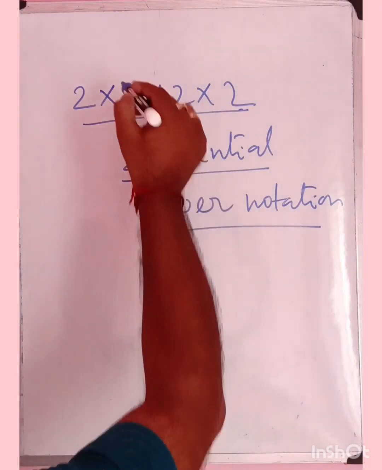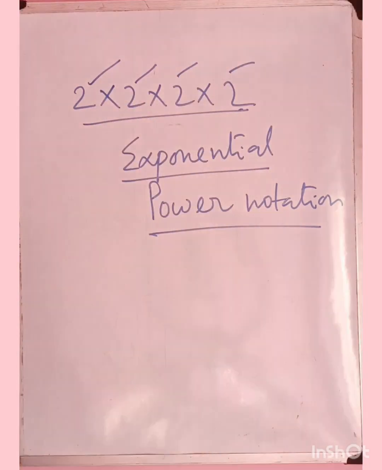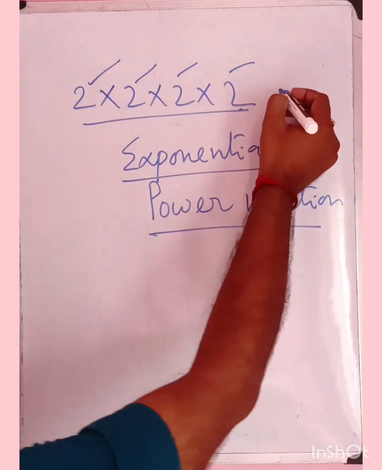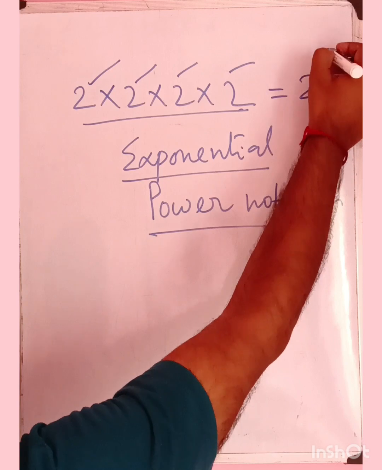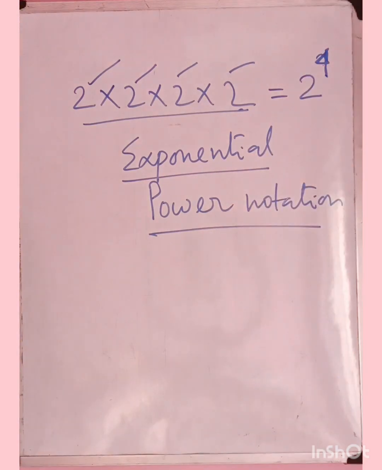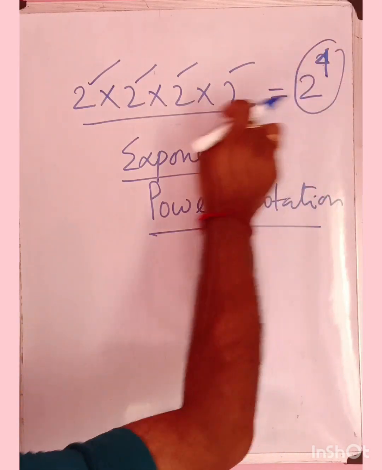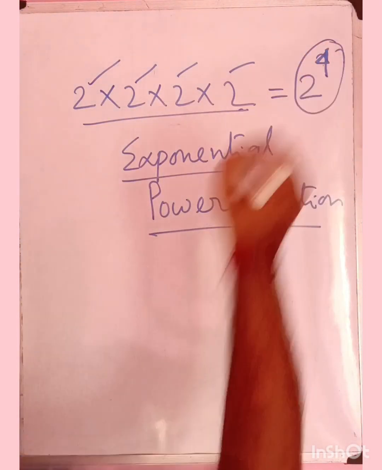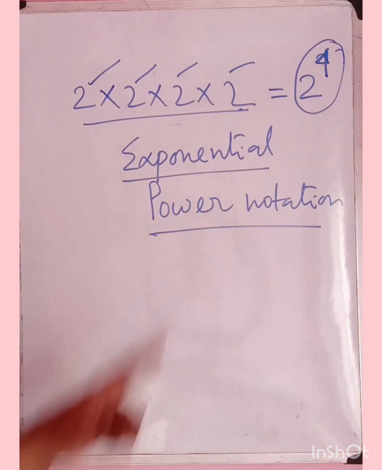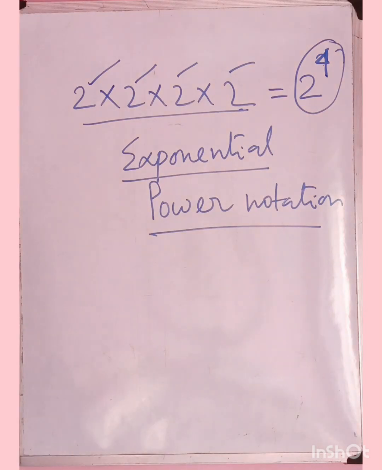How? It is multiplied 4 times, so we can write it 2 to the power 4. That means 2 is multiplied 4 times. This form is called exponential form or power form.